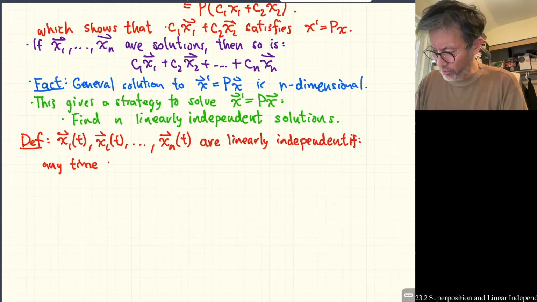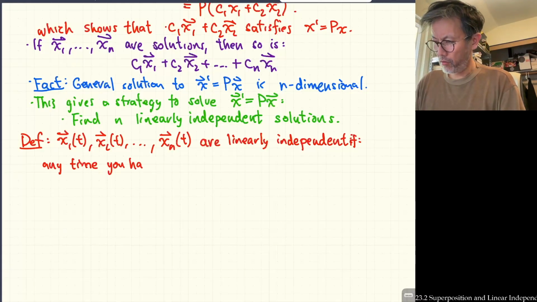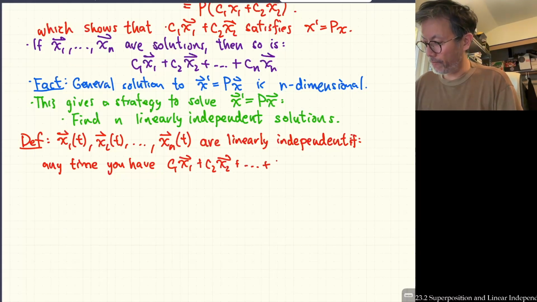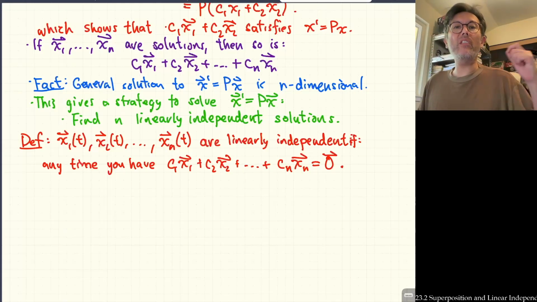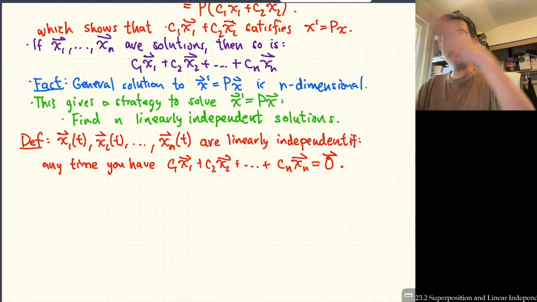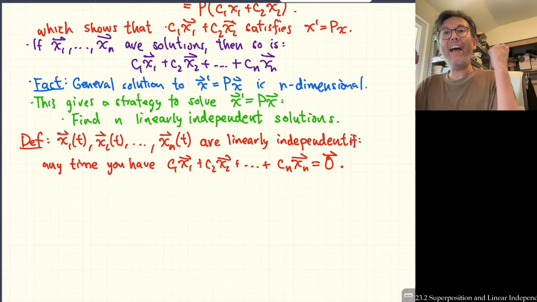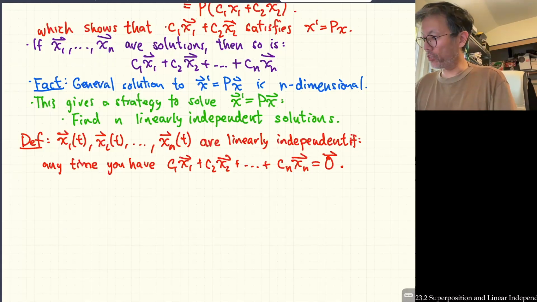you have an equation, anytime you have c1 times x1 plus c2 times x2, anytime you can form a superposition or linear combination, either way you want to call it, of these which is equal to the zero vector, like you could amalgamate x1 through xn in this kind of equation, this implies that the coefficients have to be the stupidest way of doing this, which is that all of the coefficients are zero.